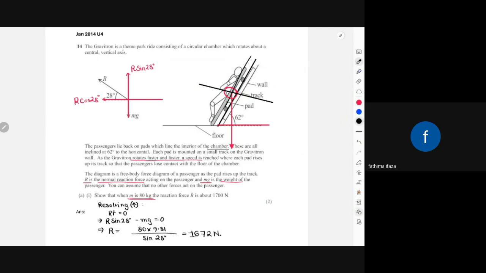As you can see in my diagram, I had to create separate angles, right? And I was not using the angle 28 degrees. Over here, they have specifically stated the 28 degrees on this free body force diagram because that has a use in part A1 calculation. That's why we're not going to use this distribution, which is mg, which is also mg cos 62 degrees, that is equivalent to the reaction force.